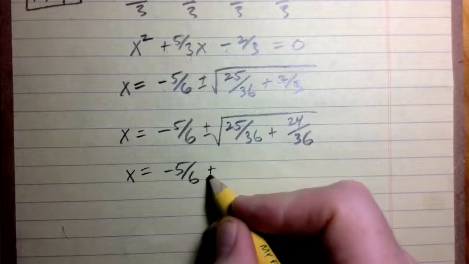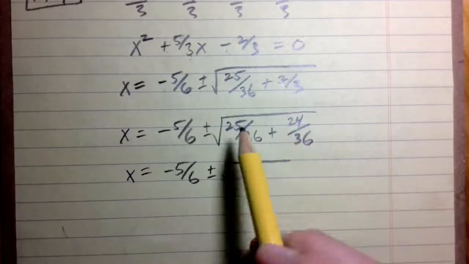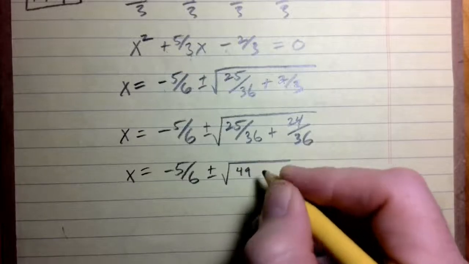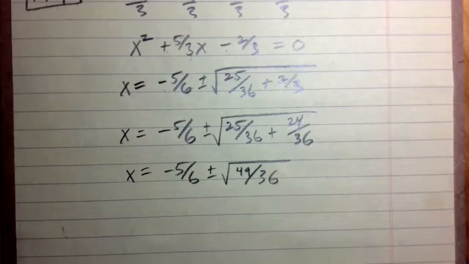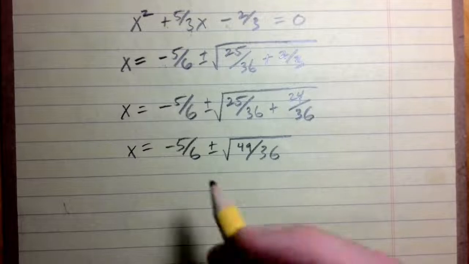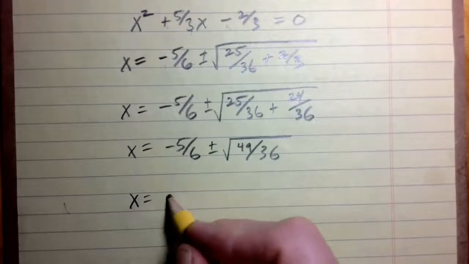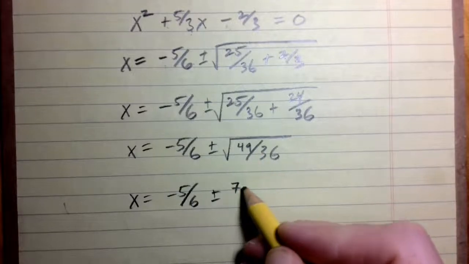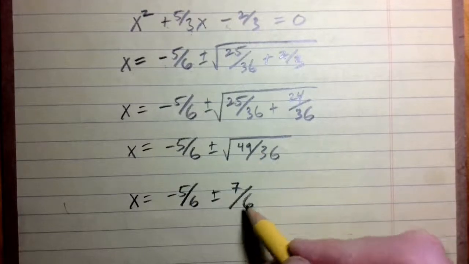Negative 5/6 plus or minus the square root. 25 plus 24 is 49 over 36. Square root of 49 is 7. The square root of 36 is 6.